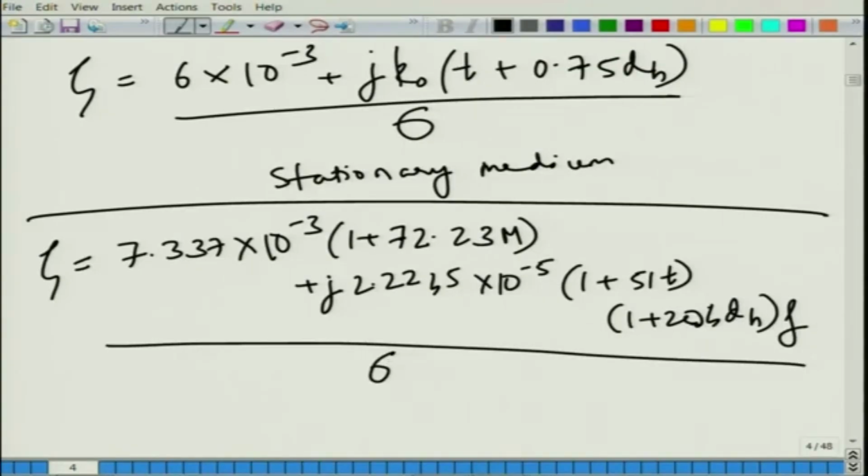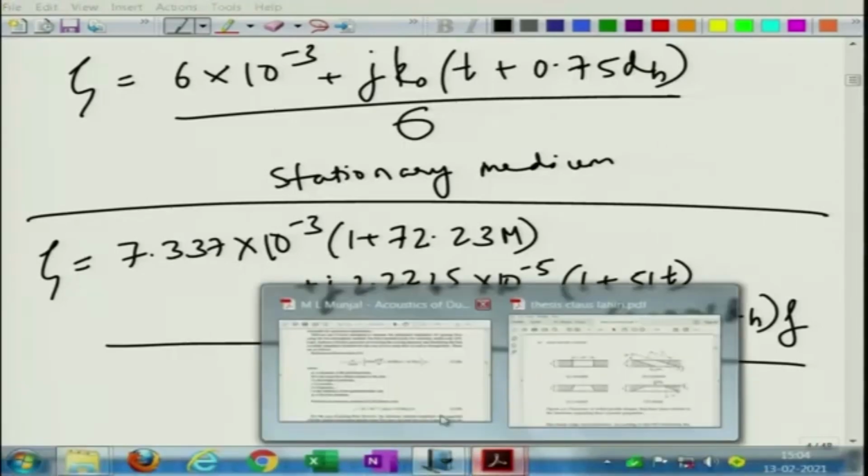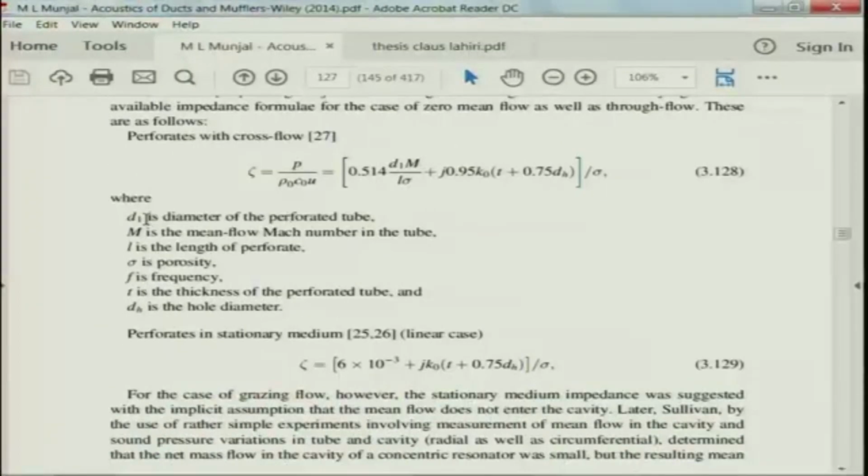Let me go directly to the book by Munjal, where these expressions are given. For the cross flow, D1 is the diameter of the perforated pipe, and M is the mean flow Mach number, M or M naught, whatever you want to say. Sigma is the porosity, which varies anywhere between 5%, or typically 7%, to about 28 to 30%.